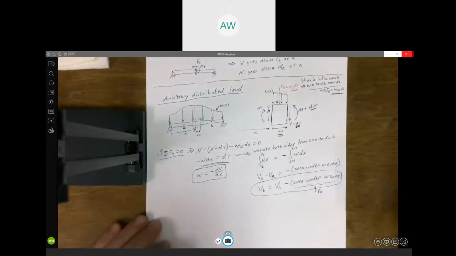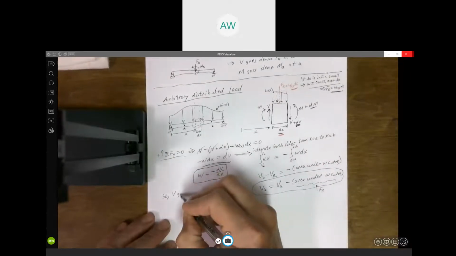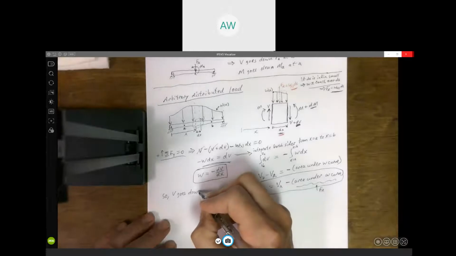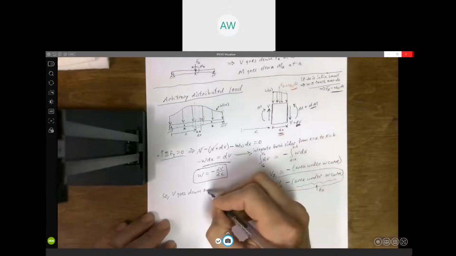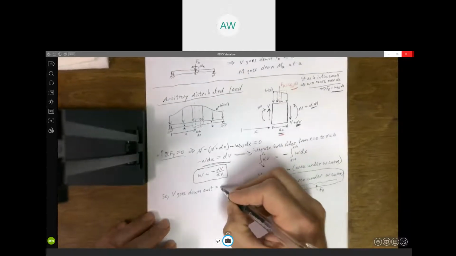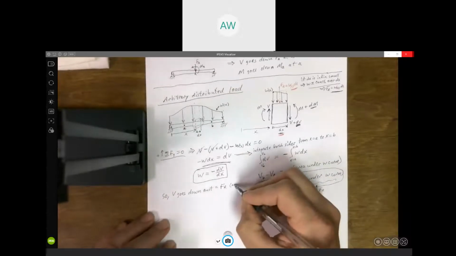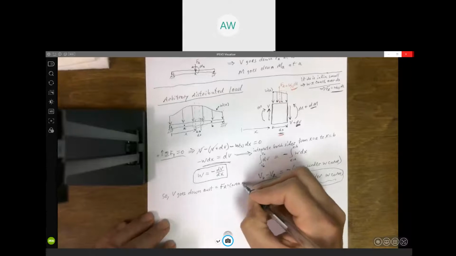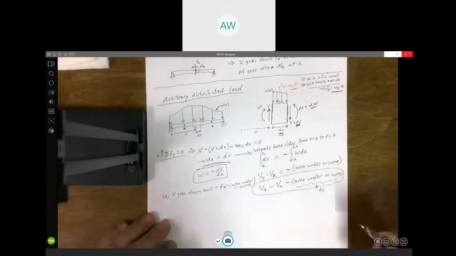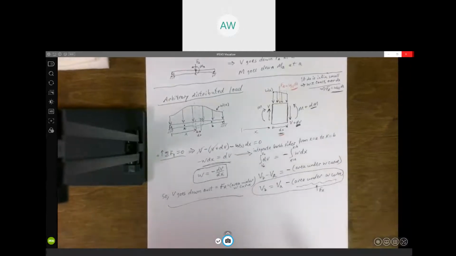V is going to go down whatever amount equal to the resultant force, again, which is the area under that distributed load curve. Now, how it goes down, we'll talk about a little bit more here in just a minute.